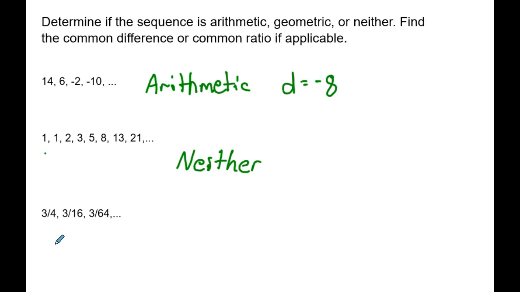If my numerator is staying the same, I must be multiplying that by 1. So each time I'm multiplying that fraction by 1/4 to get the next fraction. 3/4 times 1/4 gets me 3/16. 3/16 times 1/4 gets me 3/64. So this is geometric because we're multiplying by the same value each time. Common ratio is going to be 1/4.